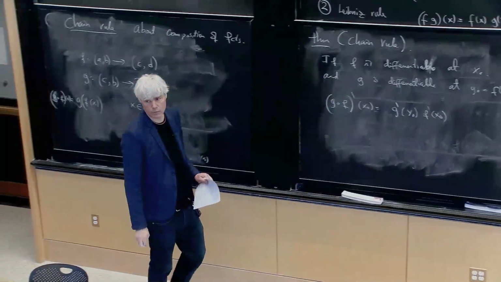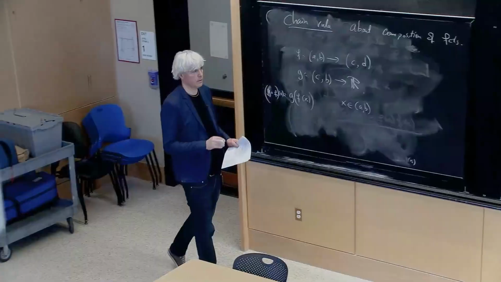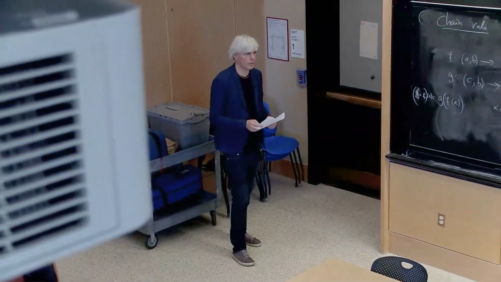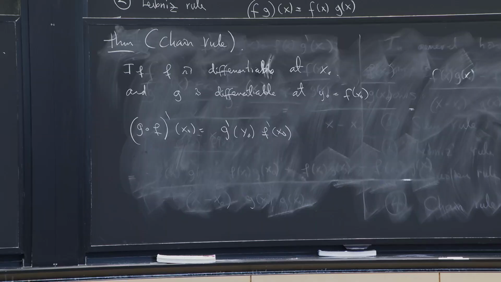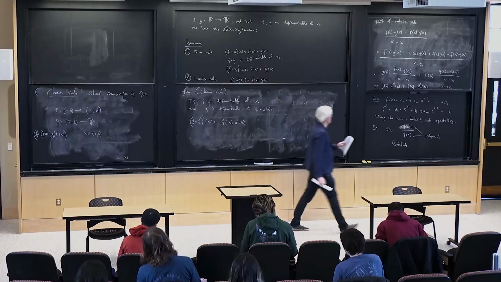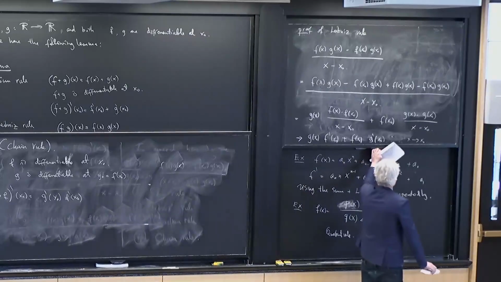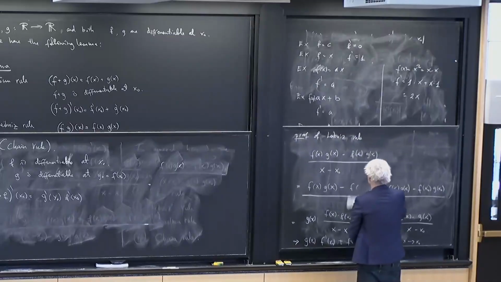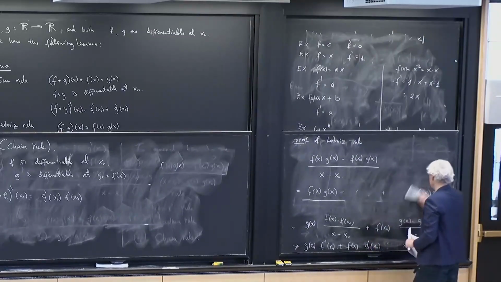So this is the chain rule. The chain rule says that the composition is also differentiable at x0, and this is the formula for the derivative. Okay, let's try to prove that. In this case, it's useful to divide into two cases.